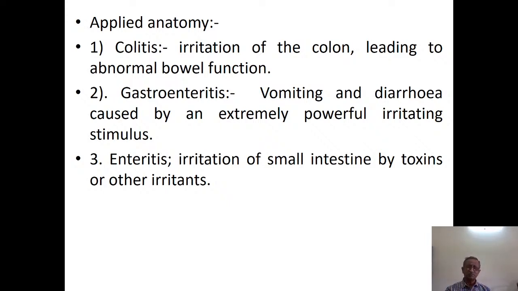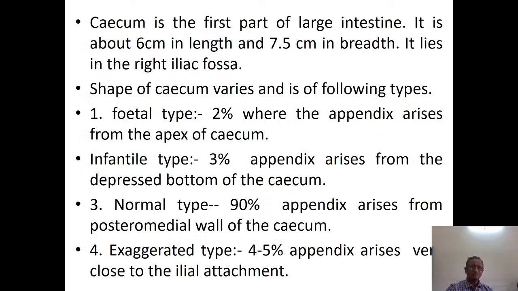This will be because of some toxic material taken as food, suppose spoiled food, a food that is infected or infested by organisms. Enteritis is irritation of the small intestine by toxins or other irritants, only the small intestine. So you have colitis, gastroenteritis, and enteritis as the clinical aspects of this large intestine.